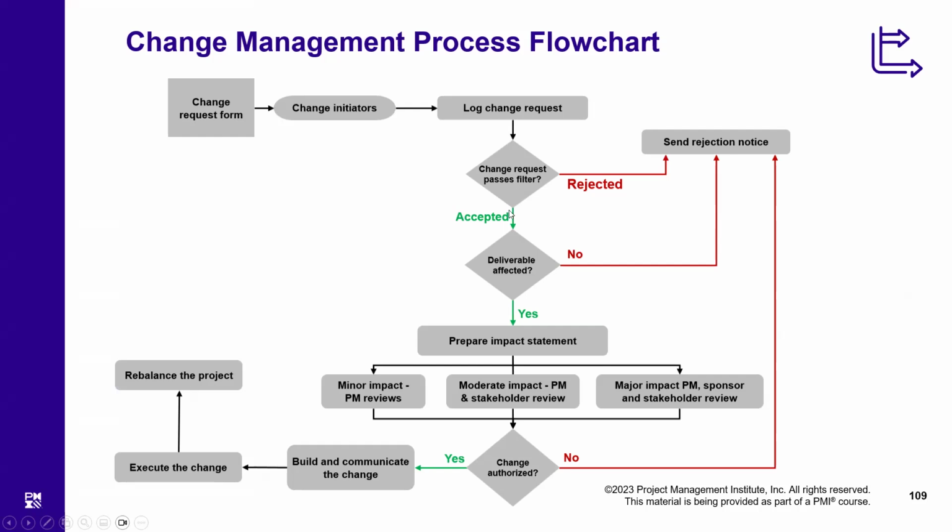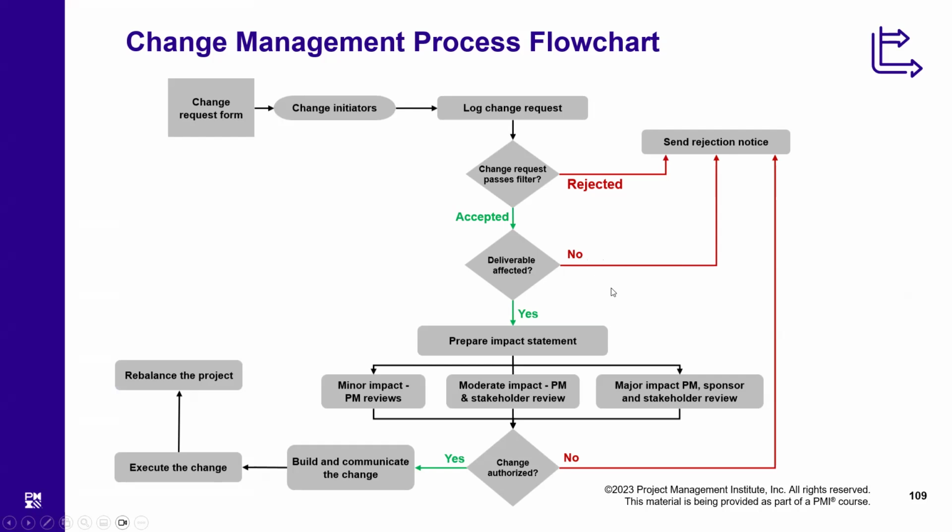If it makes some sense, they are accepted, and then you start comparing with the deliverable affected. You try to find out which project objective, scope, time, or cost is going to be affected by that, and which deliverable is affected. If there is nothing to be affected, again you send out a rejection notice, because this is not the level of change as far as the project board is concerned.